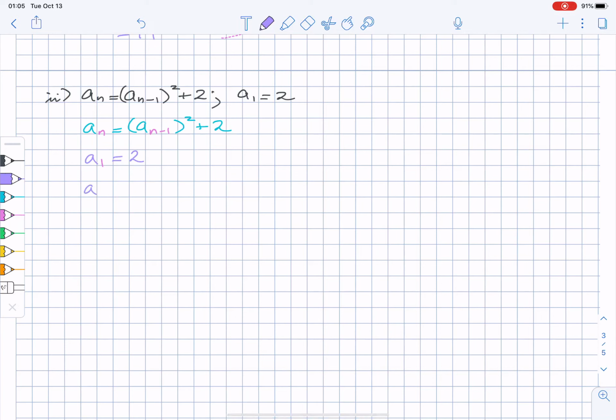So I claim that a sub 2 is equal to quantity a sub 2 minus 1 squared plus 2. That's going to be a sub 1 quantity squared plus 2. And we found that a sub 1 was given as being 2, so this is 2 squared plus 2, so 4 plus 2 is 6.